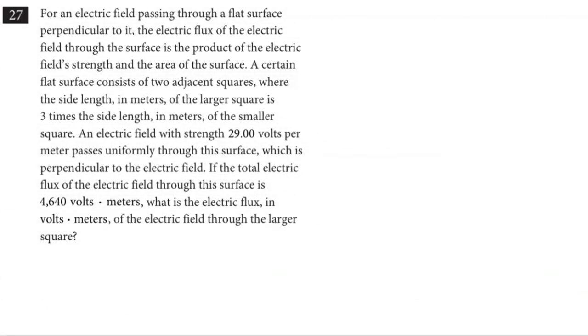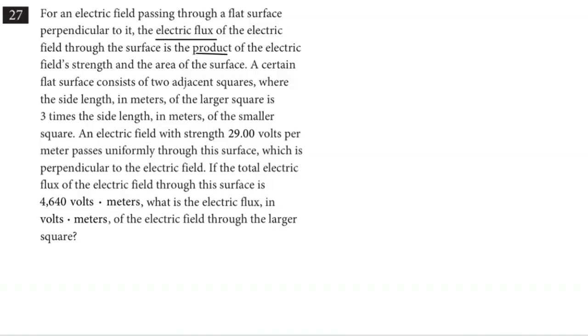Question 27. Oh boy, these last ones are really the scary ones. But let's dive into it. For an electric field passing through a flat surface perpendicular to it, the electric flux of the electric field through the surface is the product. Okay, so what's the product? Electric flux.